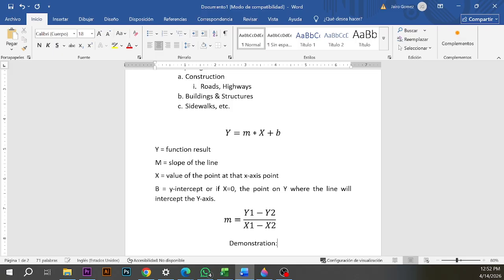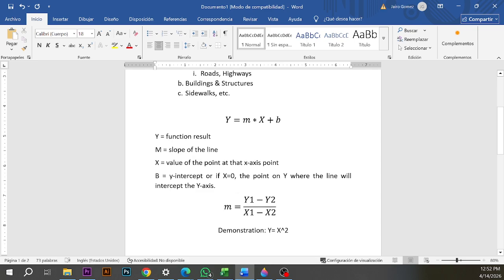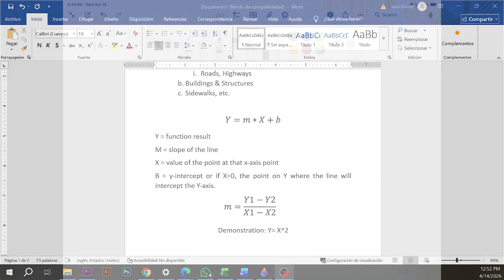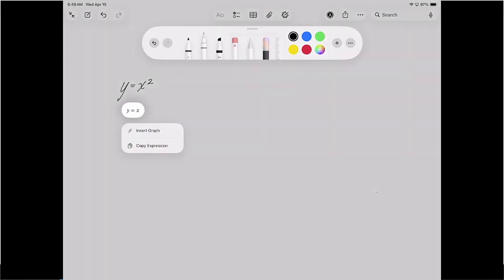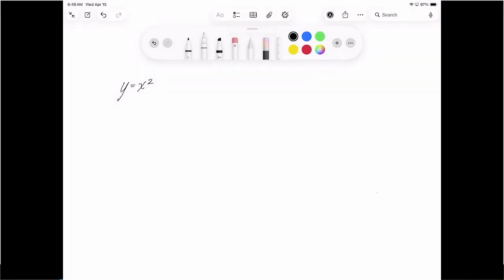To make it more clear, the demonstration will be y equals x squared. Since this isn't a line, we can't really use the generic equation, where slope equals the difference of the two points.